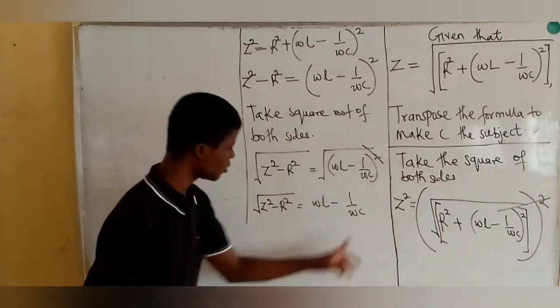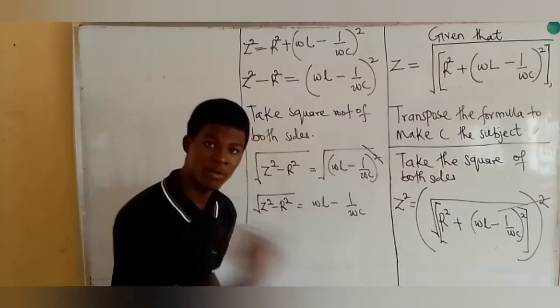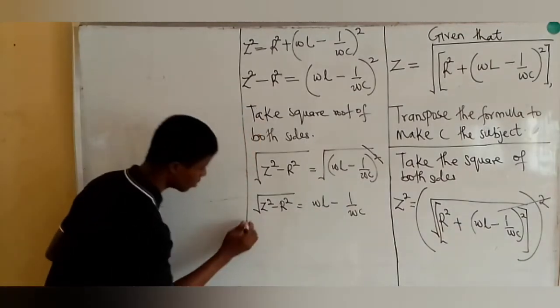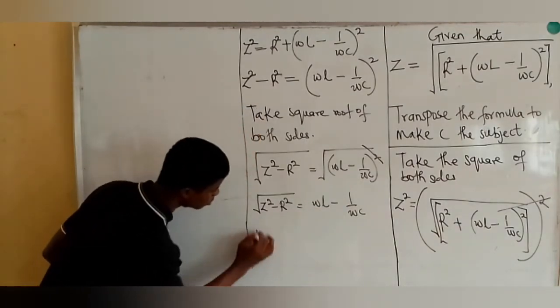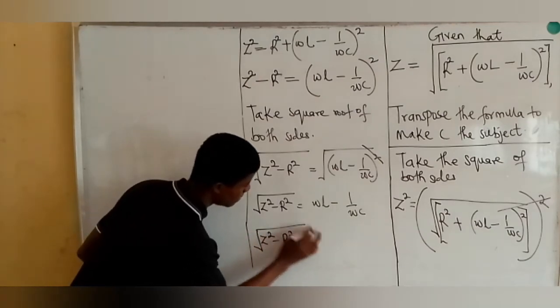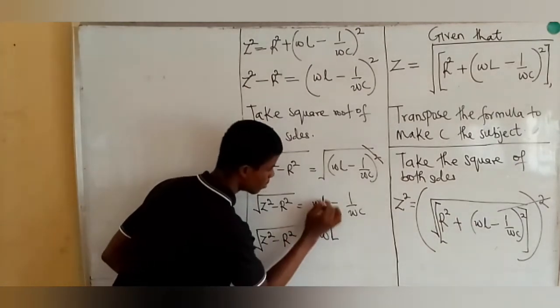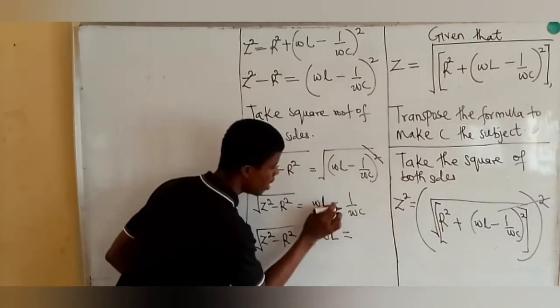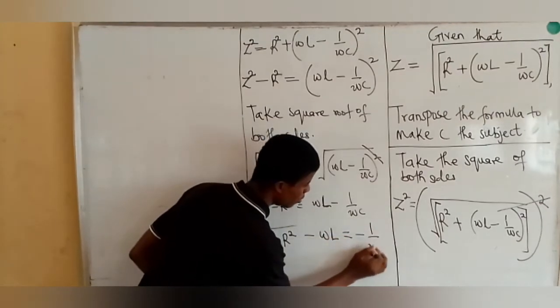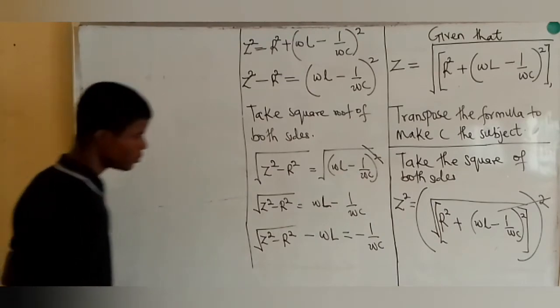So what next is attached to omega C here? That is omega L. I will move it to the other side. So this is now root Z squared minus R squared minus omega L is equal to minus 1 over omega C. So what do we do now?